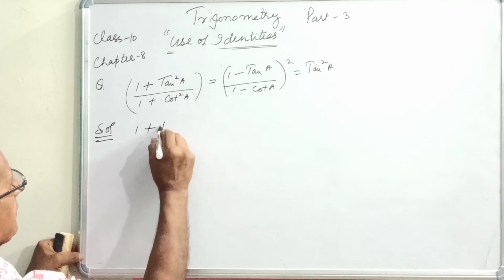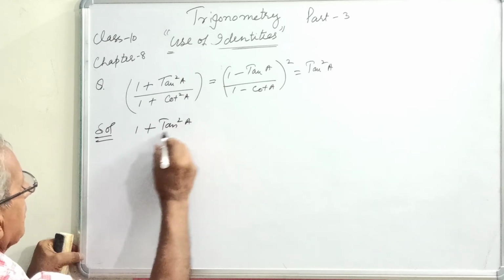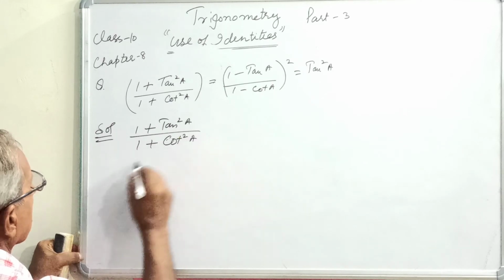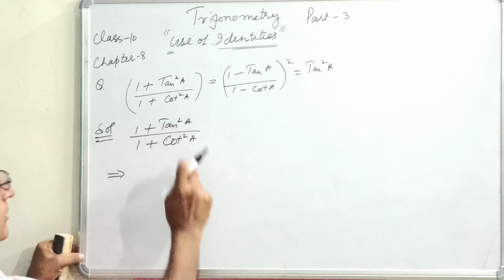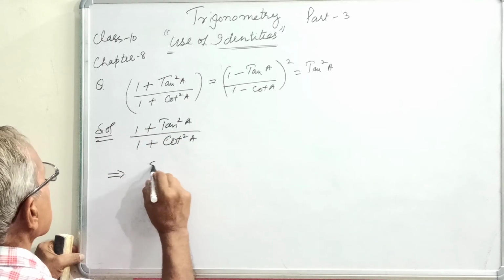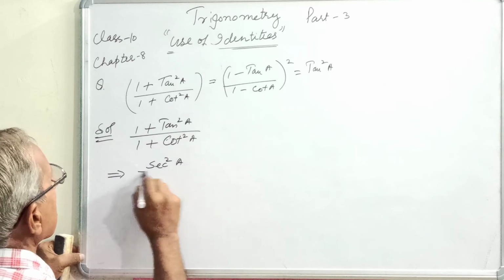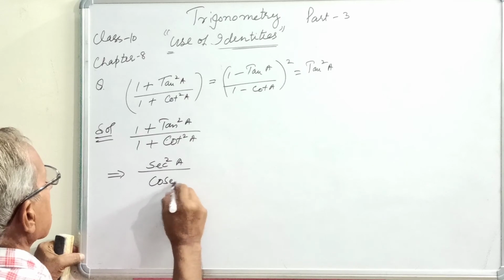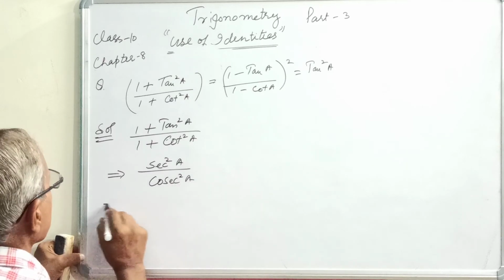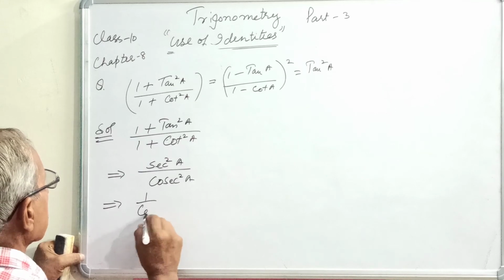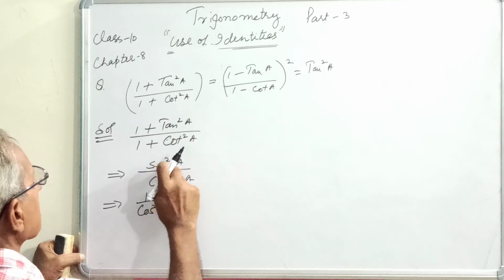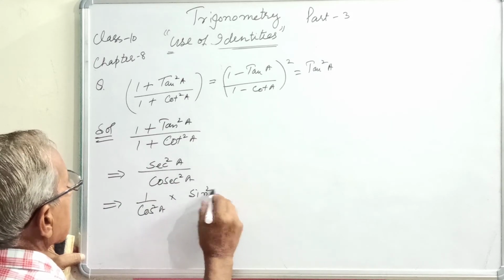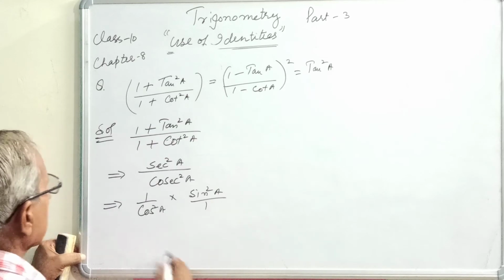1 plus tangent square A upon 1 plus cotangent square A. So put the value of 1 plus tangent square A, that is secant square A, upon 1 plus cotangent square A, which will be cosecant square A. 1 upon cos square A, in place of secant, multiply sin square A upon 1.